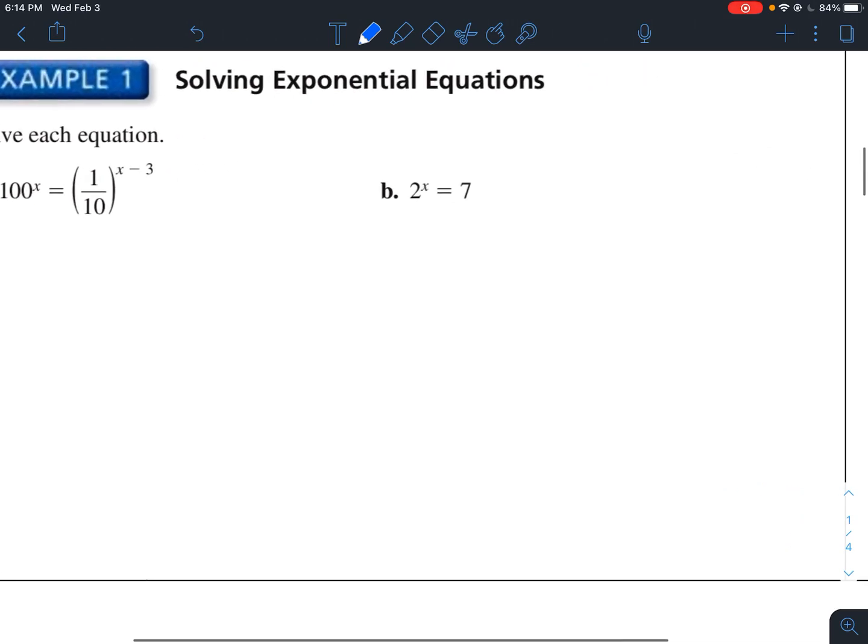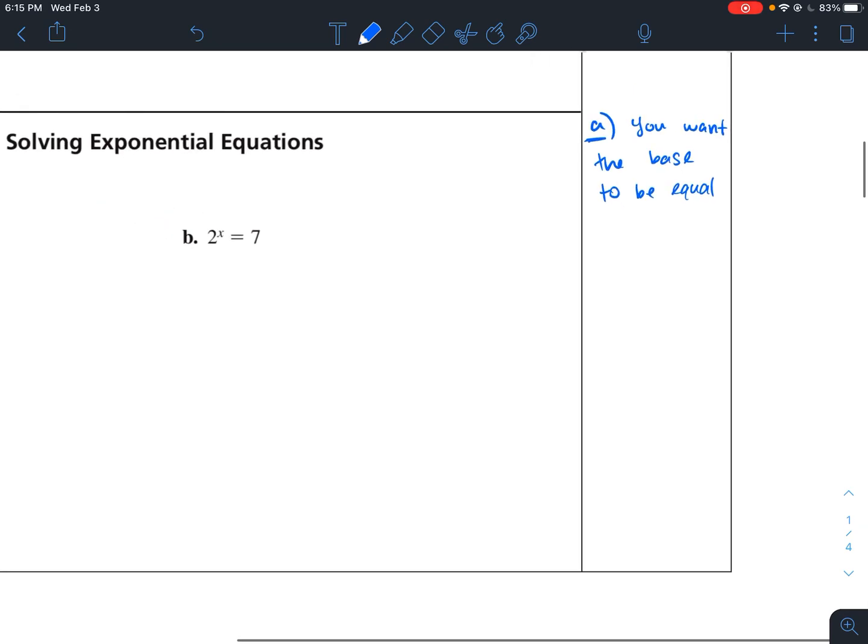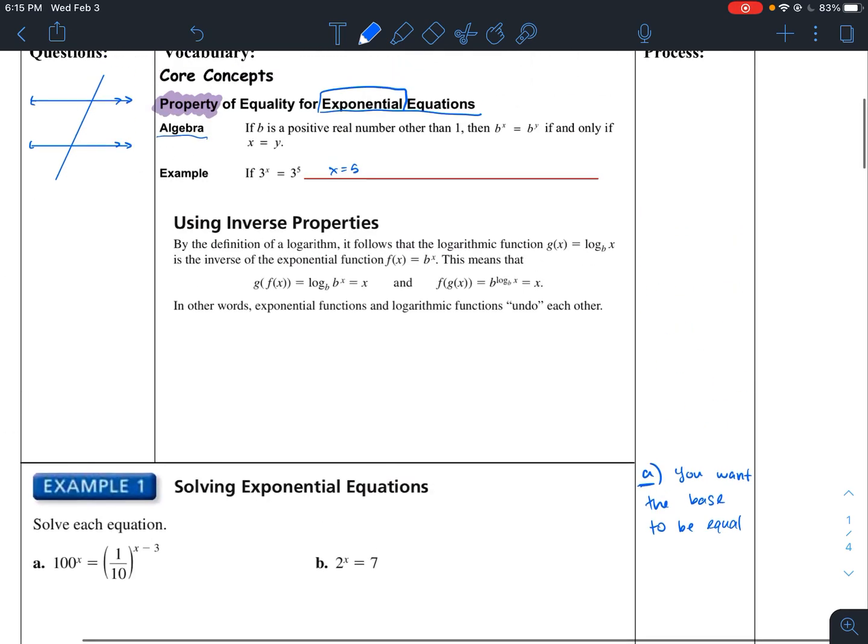That's the first thing you want to recognize for these algebraic expressions: you want the bases to be equal. You need the bases to be equal if you're going to use this property, okay?